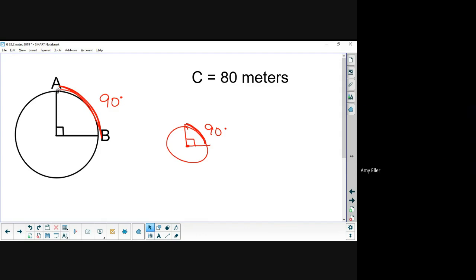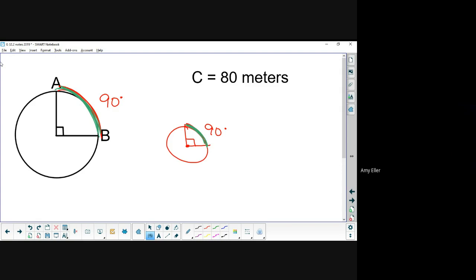If I were to get a tape measure out and measure this, and this, would I get the same measurement with a tape measure? Is this length the same amount of inches as this length? No, they look way different. Even though they're both 90 degrees, they're going to be different lengths.